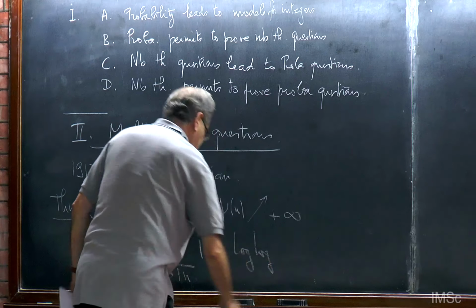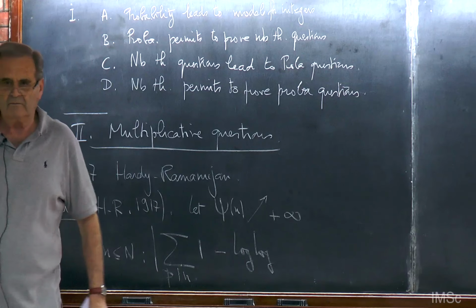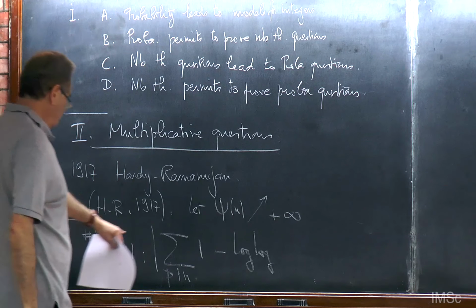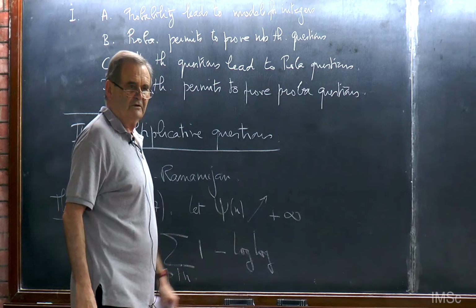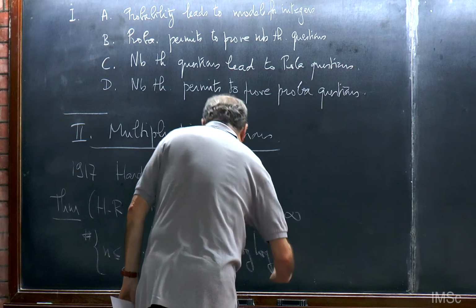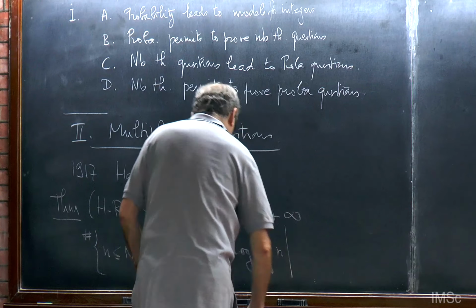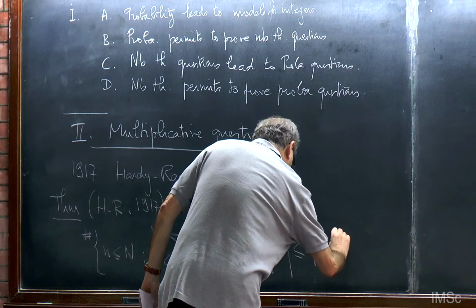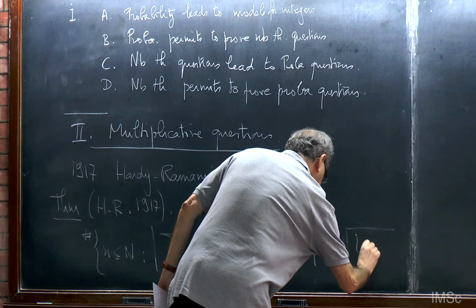So log is just the Neperian logarithm that you are, I guess, supposed to write as little l and n as the international norm, but for mathematicians, usually we still use log. And so that this is at most psi of n square root of log n.